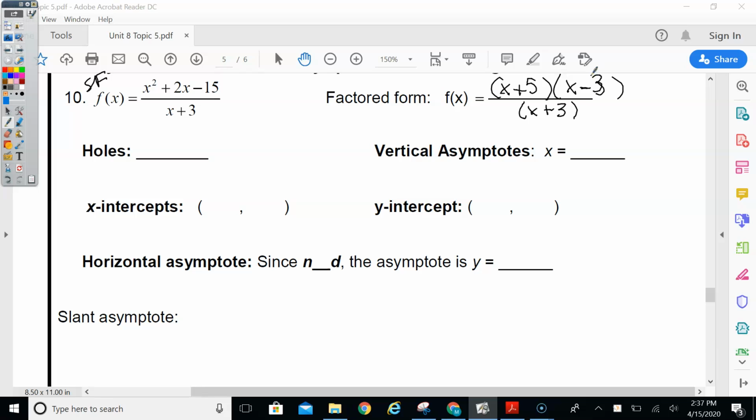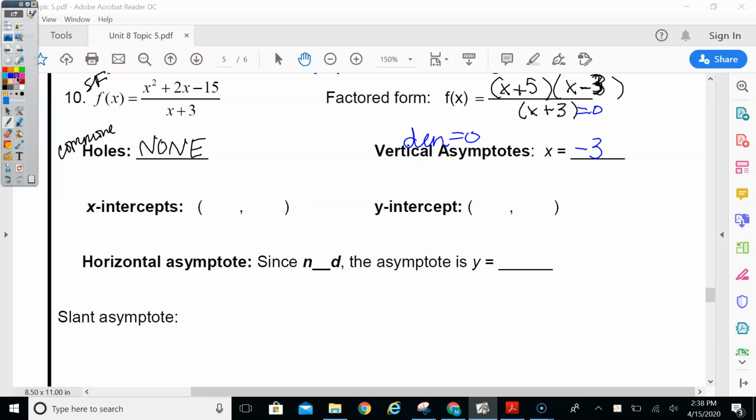So if you notice here, I have a minus 3 and then a plus 3. These are not the same factor. So are there any common ones? Nope. So we say none. So nothing cancels out. You're going to put none there. I mean, a lot of these can have none as well. Okay, so verticals is what's left in the denominator. So the denominator equal to 0 would be -3.